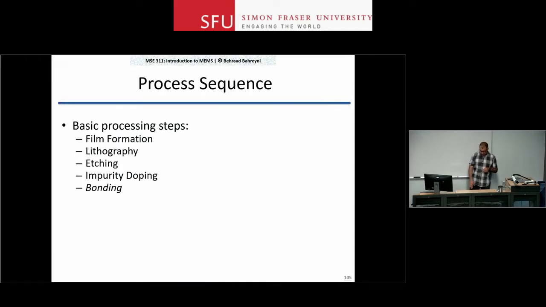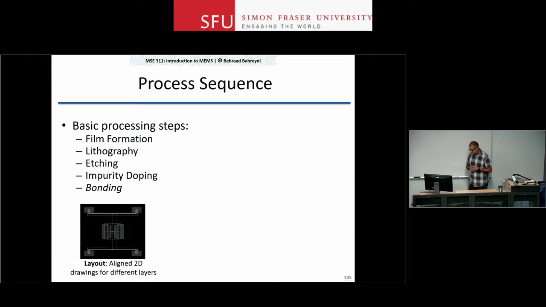So going through the processing steps again, you have seen this a few times already. The idea is that the MEMS designer or circuit designer gives us a set of drawings. These are called layouts, right? So these drawings tell us, the process engineer, that each layer that you have on this film, in this process, when you deposit it, what should remain of it at the end of the process.